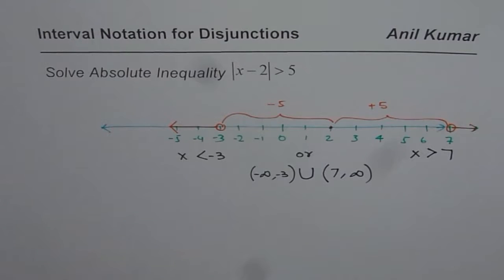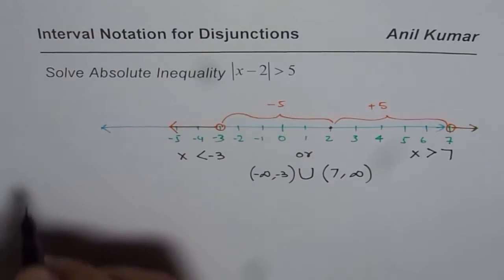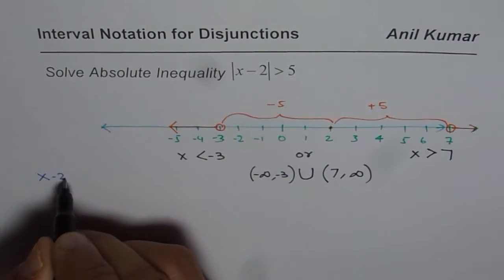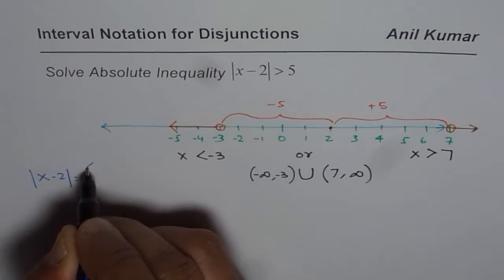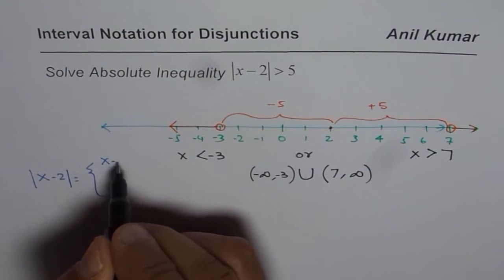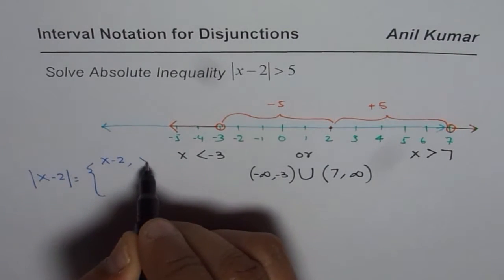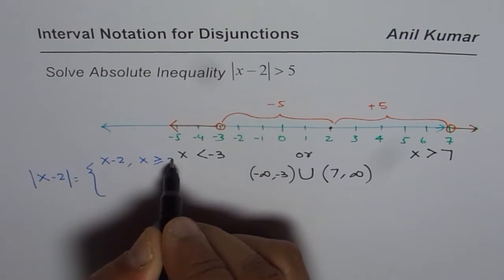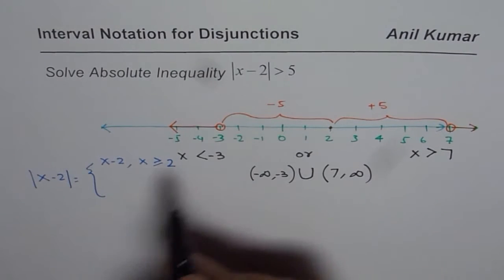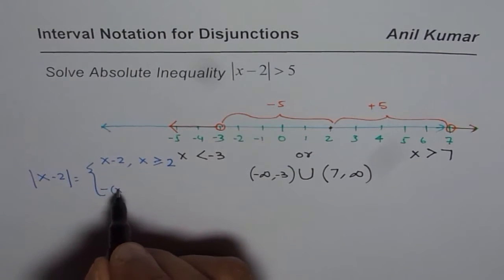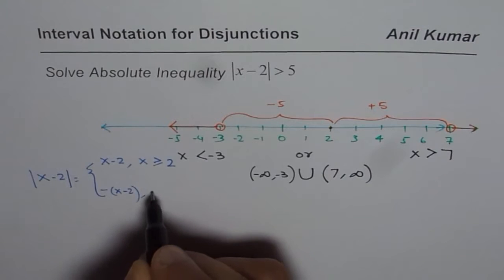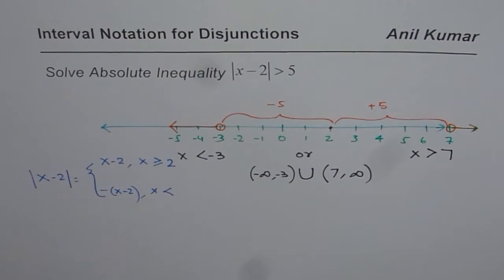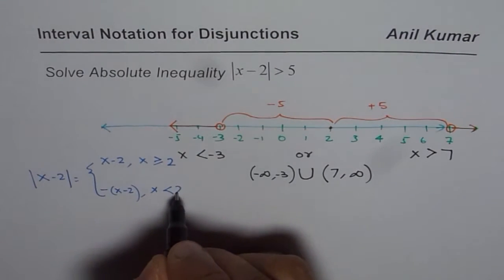Or what we can do now is also solve this algebraically. So let's redefine the absolute value of x minus 2. It is equal to x minus 2 if x is greater than or equal to 2. But if x is less than 2, it is the negative of x minus 2.